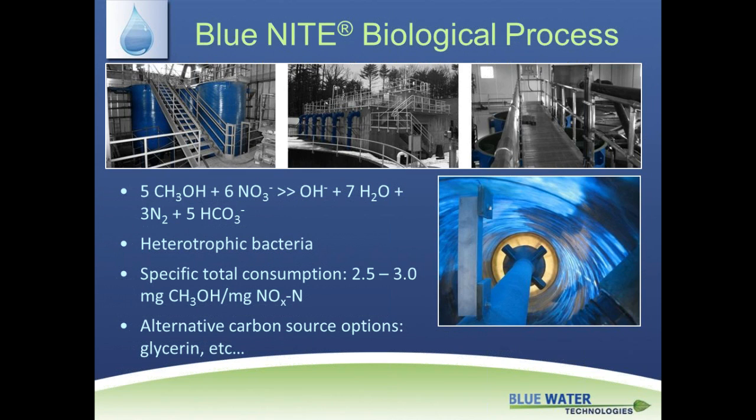Now again, one of our design considerations is process safety and cost minimization. So the glycerin products or the alternative carbon sources are nice because they get away from the explosion-proof design that you would have with methanol, and it's also safer to work with, of course, too. So again, that could be cost reduction, cost mitigation. It just depends on the application.